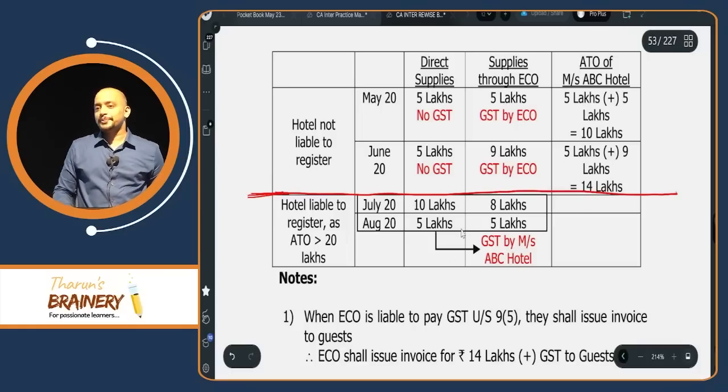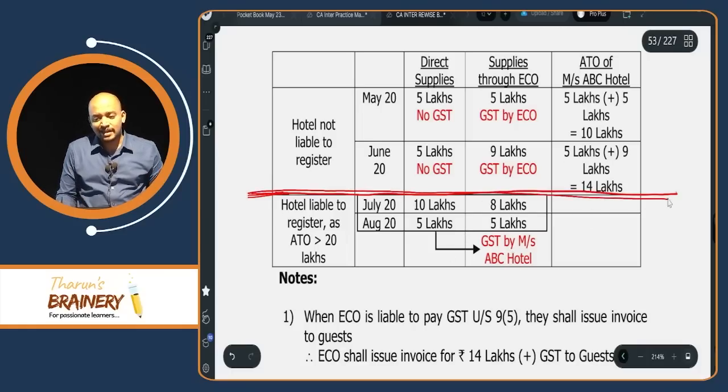You understood this part. Up to the date when they are liable to get registered, with respect to direct supplies, no GST. Supply through the e-commerce operator, GST payable by the e-commerce operator. As and when they are liable to get registered, then with respect to direct supplies as well as supply through the e-commerce operator, who will pay GST?